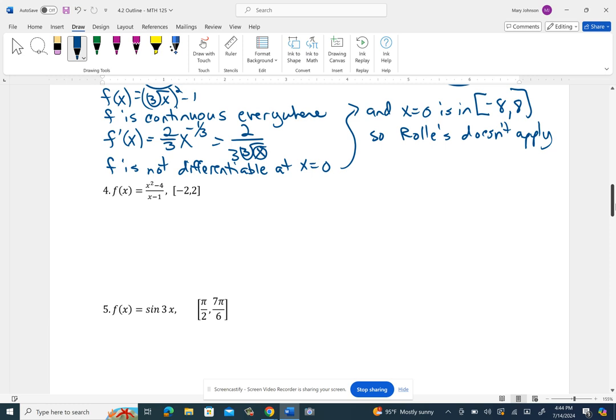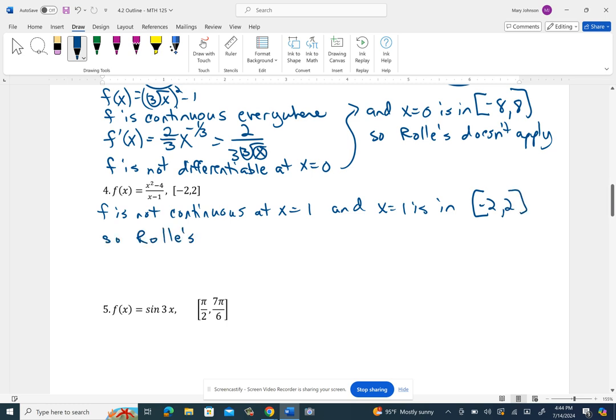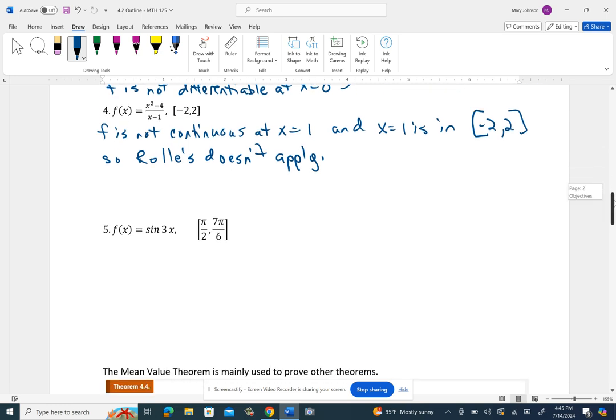All right, on this one, do you see how f is not continuous at x equal 1, and x equal 1 is in the interval from -2 to 2, so we know Rolle's doesn't apply. We stop. Doesn't mean there's not a min or max somewhere. Just means it's not guaranteed by Rolle's theorem.